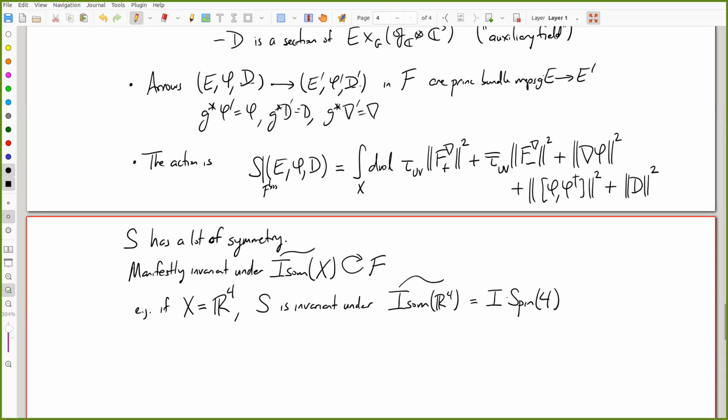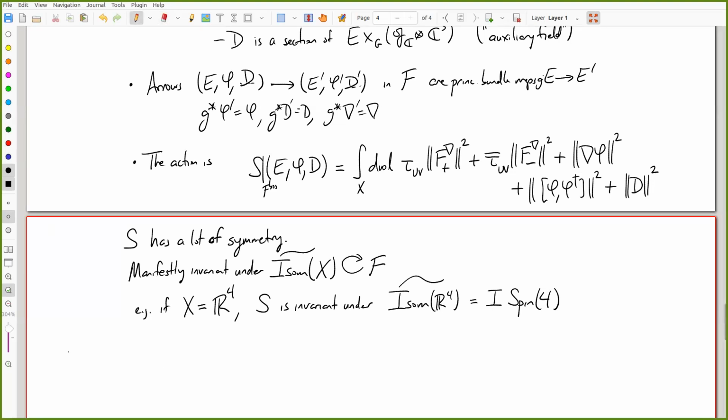But here, this particular S is actually invariant under a bigger symmetry. It's invariant not only under I spin R4, but under a super extension of that. So it has more symmetry.